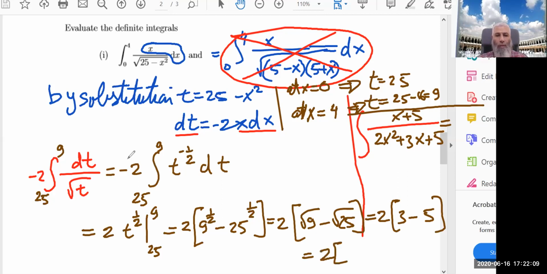We have here a negative sign. I forgot this negative sign. But we can just multiply the 2 by negative what is inside the root. Negative 2 inside the root is negative 2, so this is 4. The final answer is 4. Okay.